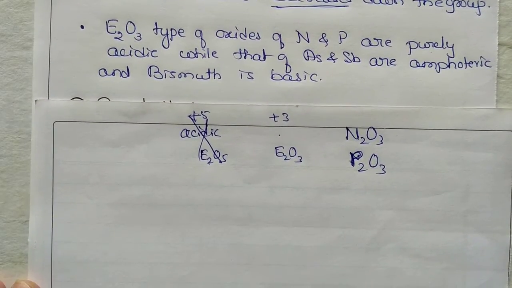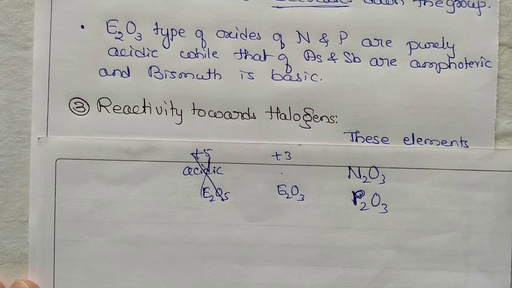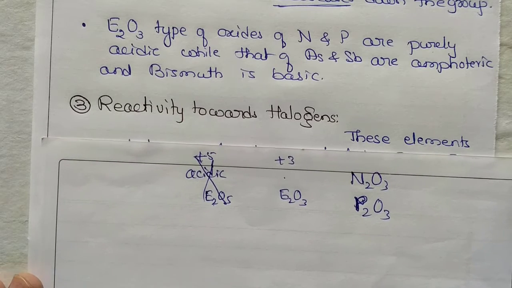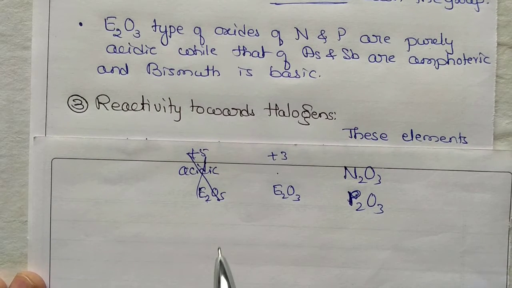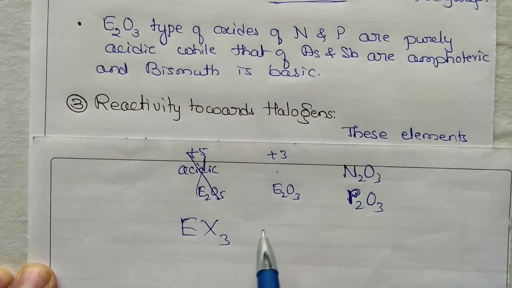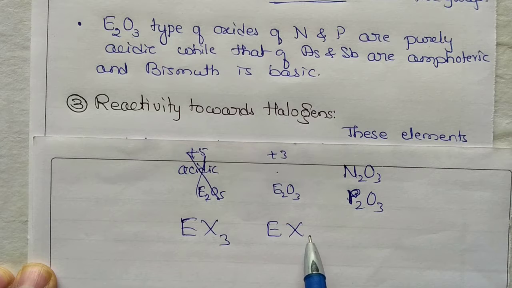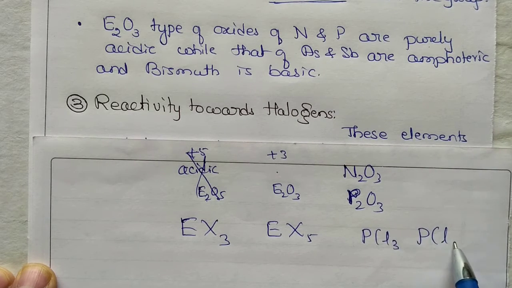Now let us go to the next, reactivity towards halogens. These elements can form two types of halides, EX3 and EX5, for example PCl3 and PCl5, just to remember.